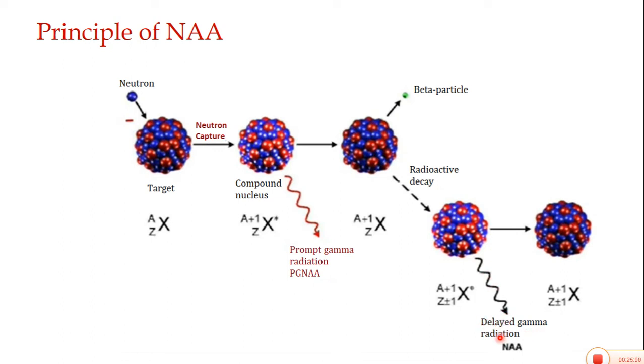This is called delayed gamma radiation. By emission of delayed gamma radiation, the nucleus now appears as a stable nucleus, and both the mass and the atomic number have increased by 1 unit. So it is now stable.